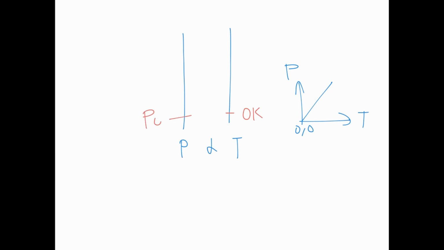Once again, we're going to draw two lines. We're going to assume that the pressure of your ideal gas is directly proportional to your temperature. Here we can use the word directly proportional because the graph of pressure versus temperature starts from 0, 0. To measure temperature, we first put the thermometer into 0 Kelvin and measure the pressure.